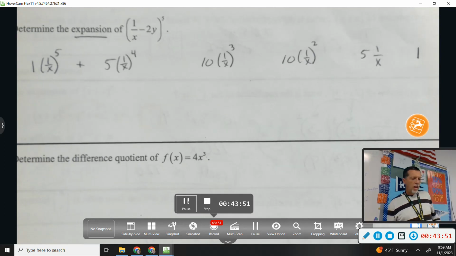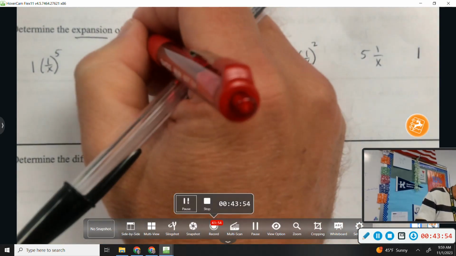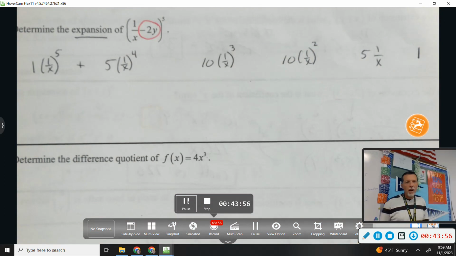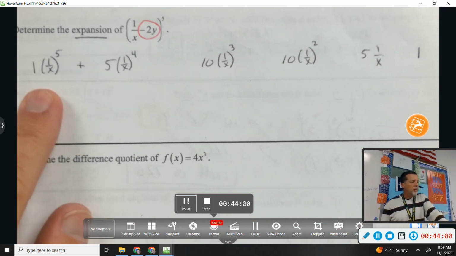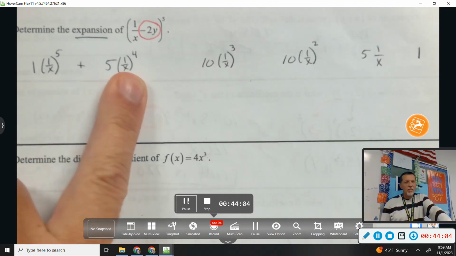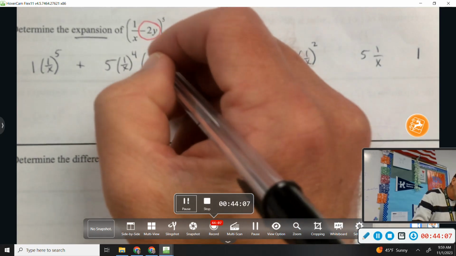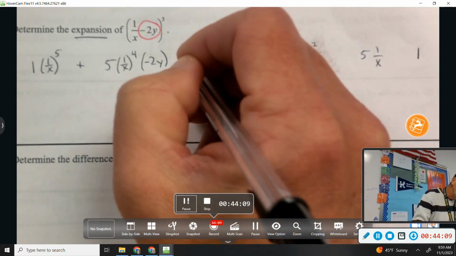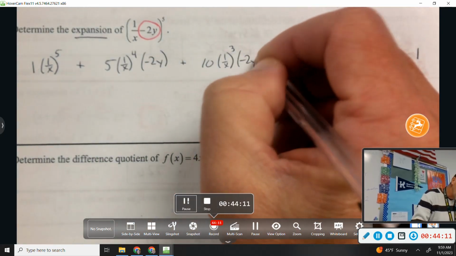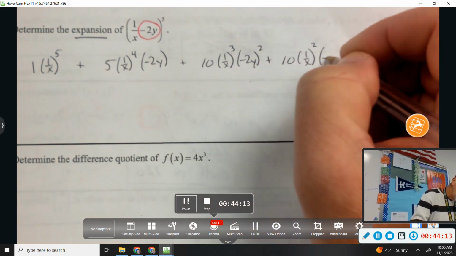The second term is negative 2y, so make sure you grab all of it. How many negative 2y's are in the first term? None of them, right? Make sure you start at the right spot. So negative 2y to the first, negative 2y squared, and negative 2y cubed.